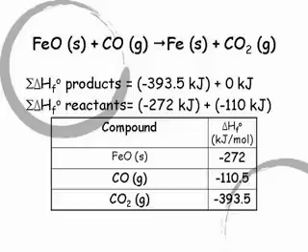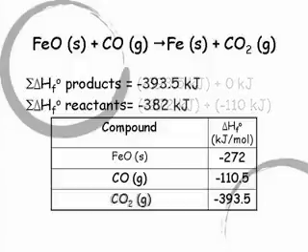For the reactants, the formation of carbon monoxide is negative 110.5 kilojoules, and we're going to add that to that of iron(II) oxide, which is negative 272 kilojoules. So the sum of the enthalpies of formation for the products is negative 393.5 kilojoules. The sum of the enthalpies of formation for the reactants is negative 382 kilojoules.